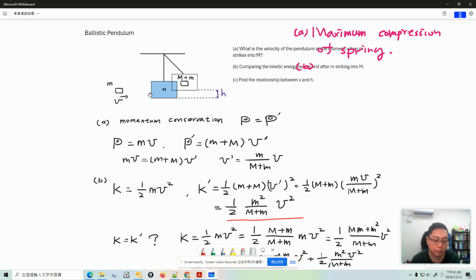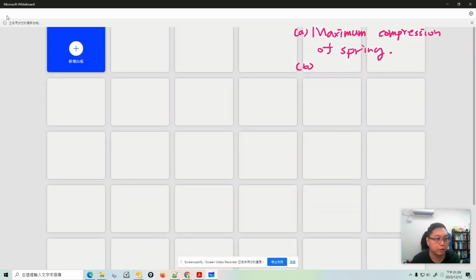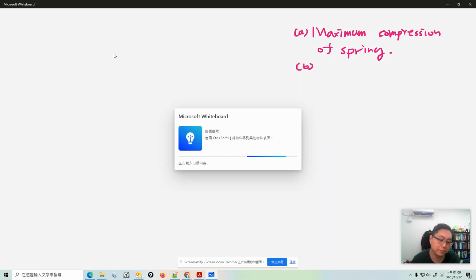So this is an inelastic collision. The same thing happens in this problem.